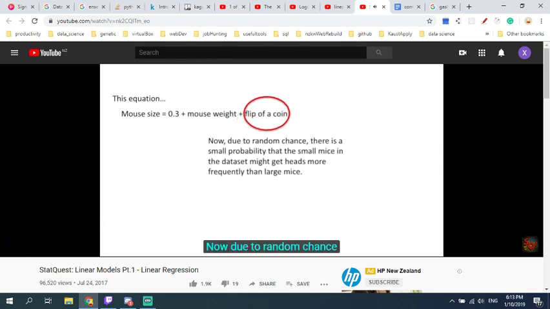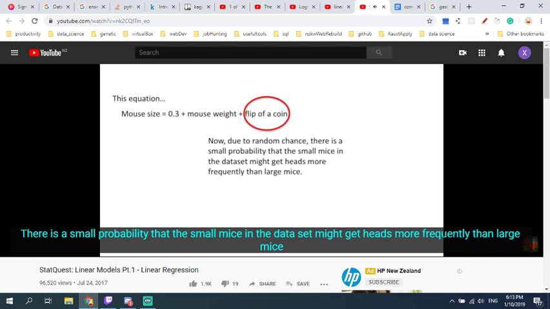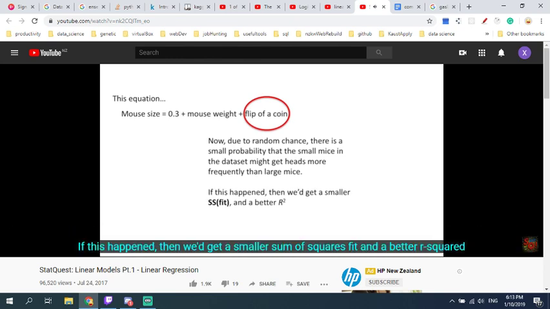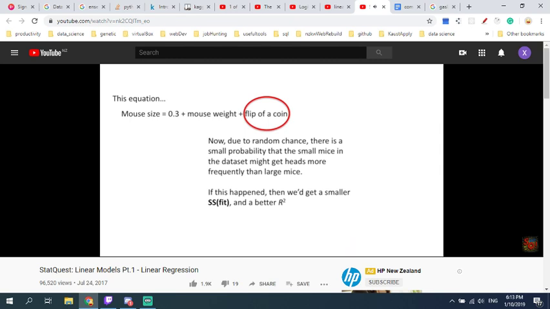Now, due to random chance, there is a small probability that the small mice in the dataset might get heads more frequently than large mice. If this happened, then we'd get a smaller sum of squares fit and a better r squared. Wah wah.